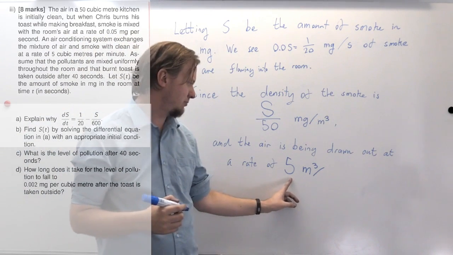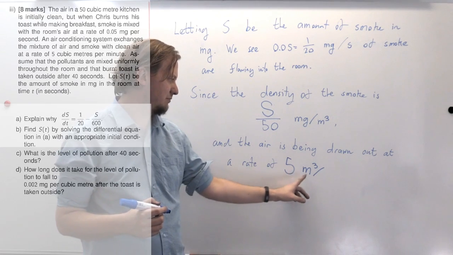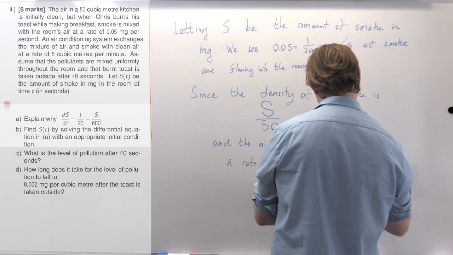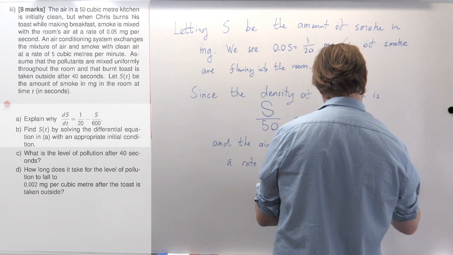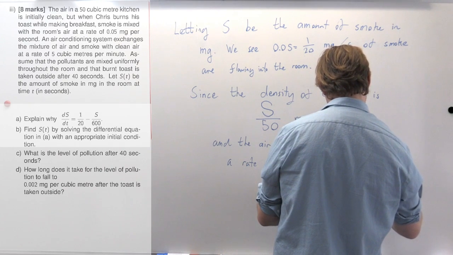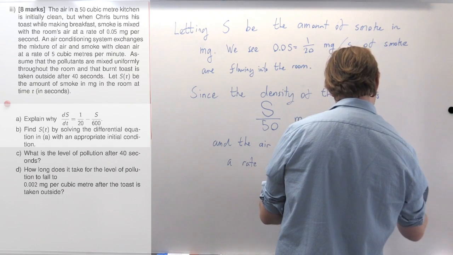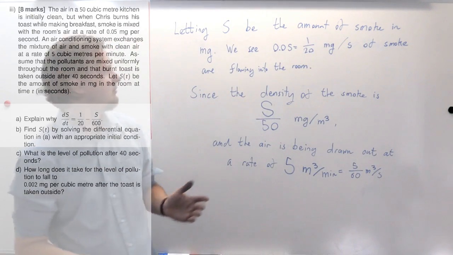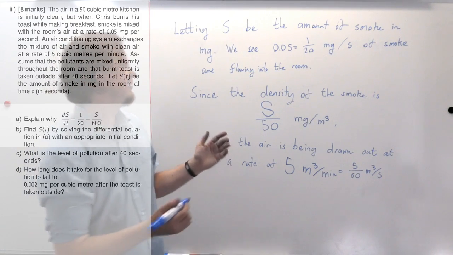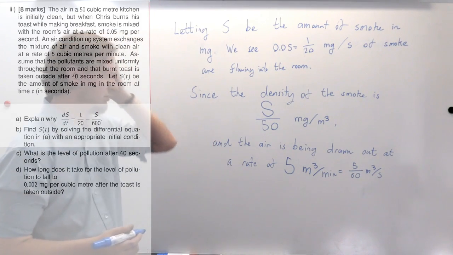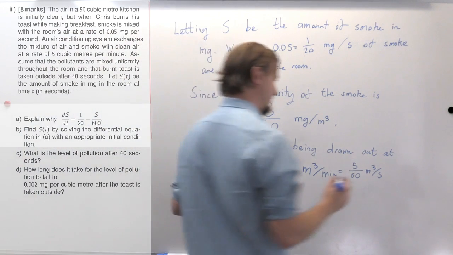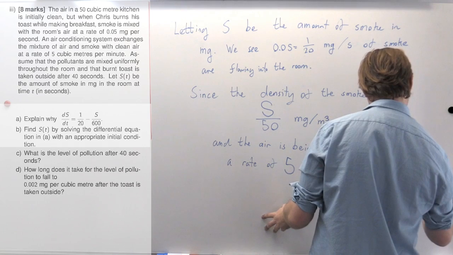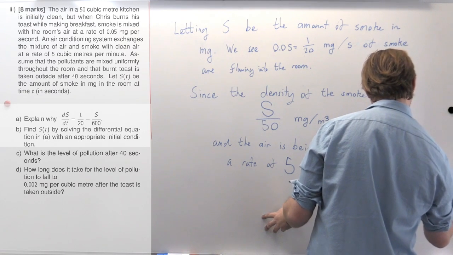And the air is being drawn out at 5 meters cubed per minute, which is the same as 5 over 60 meters cubed per second, because really we're working in seconds. So 5 over 60 is just the same as 1 over 30 meters cubed per second.